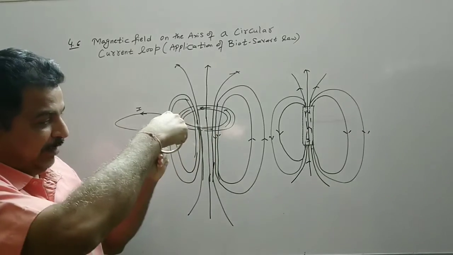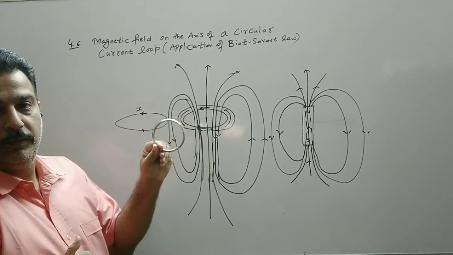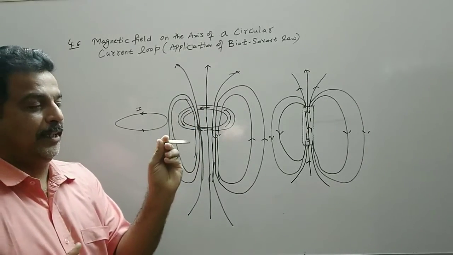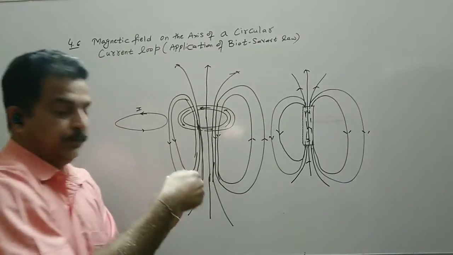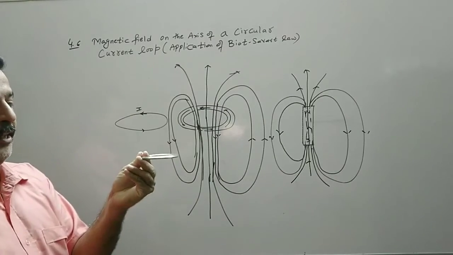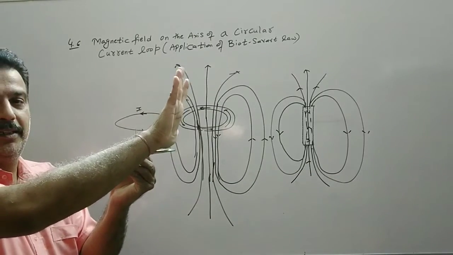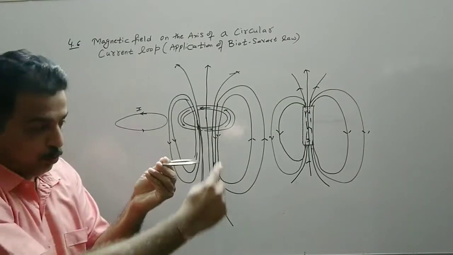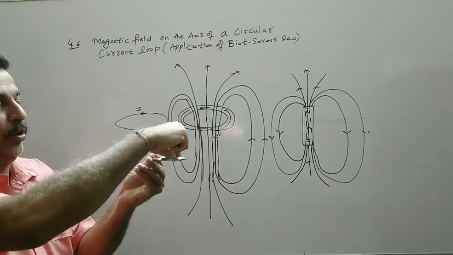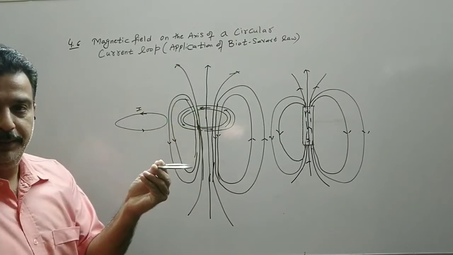So the magnetic field lines will be like this. Now if I keep the ring like this, it will go to this side. So if I keep the ring like this, thumb here, inward, it goes into the ring, and from this side it comes upward.